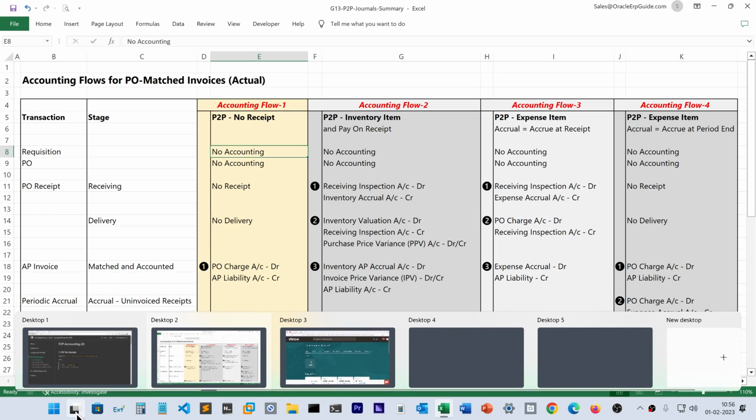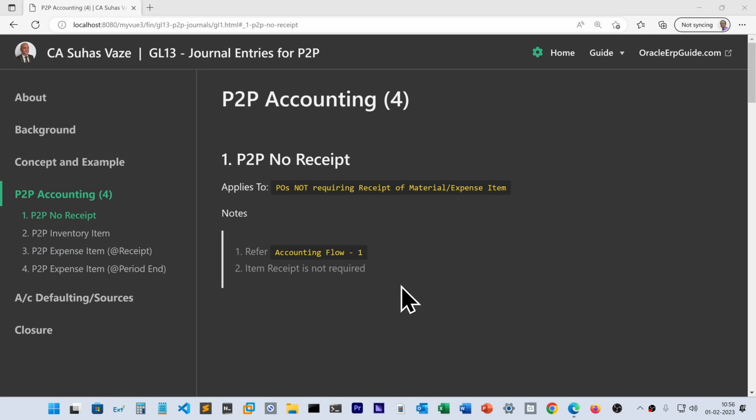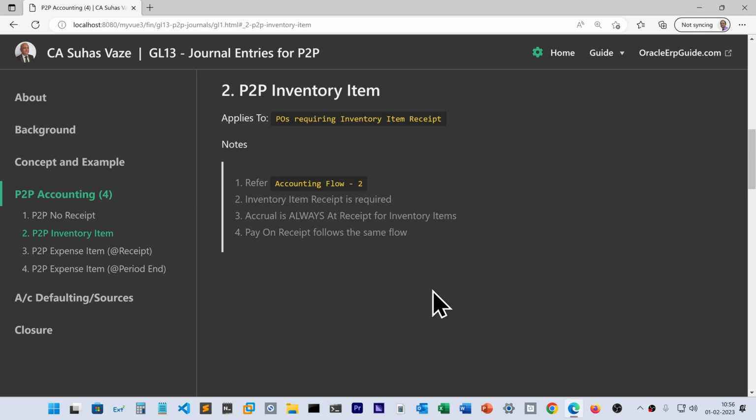Now let us go back to our guide and navigate to the next flow. So this is P2P with an inventory item, POs requiring inventory item receipt. And we are going to refer to accounting flow 2 for this. An inventory item receipt is required because on the PO lines we have taken an inventory item.